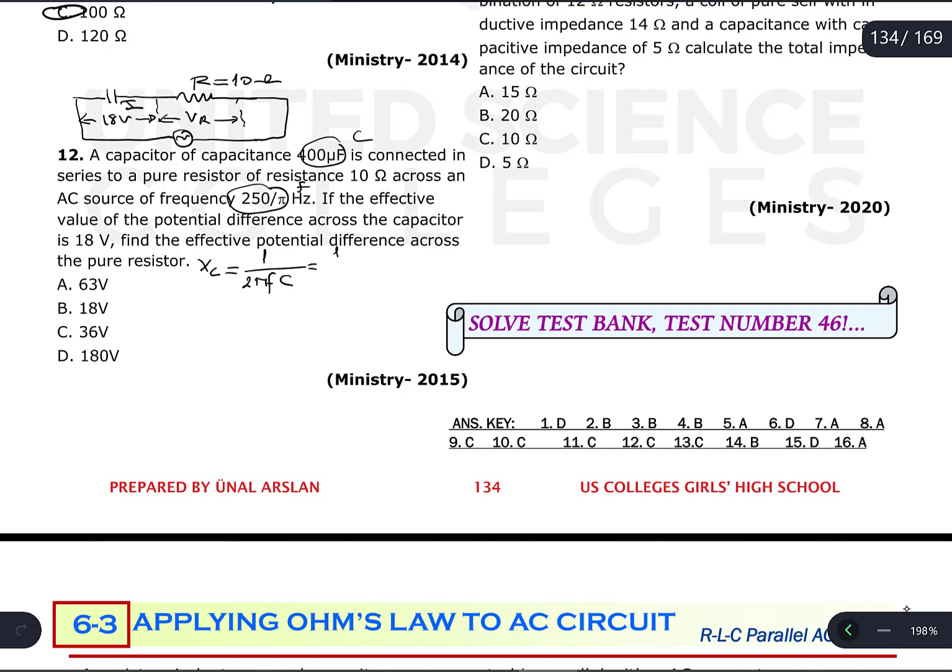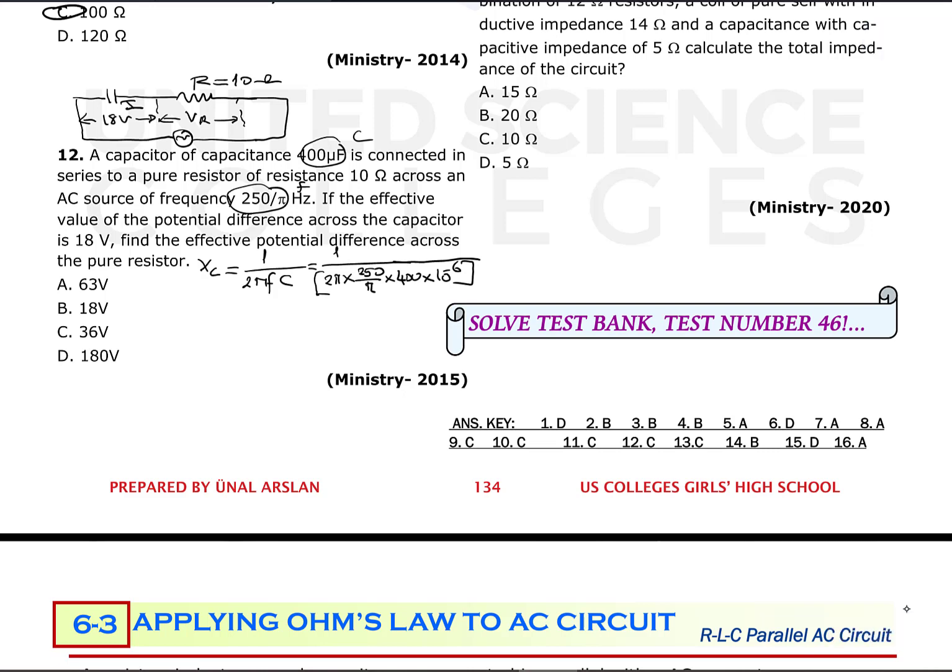So 1 over 2 pi multiplied by F, which is given as 250 divided by pi, times C, which is 400 microfarad. Microfarad must be converted to farad by multiplying 10 to the power of negative 6. Now by using the calculator I will calculate XC first. So these pi's will simplify.